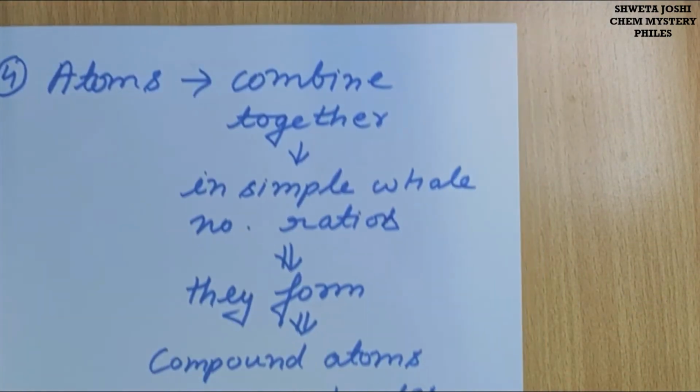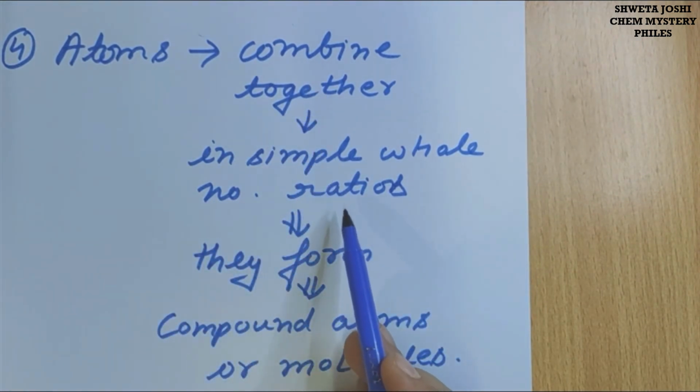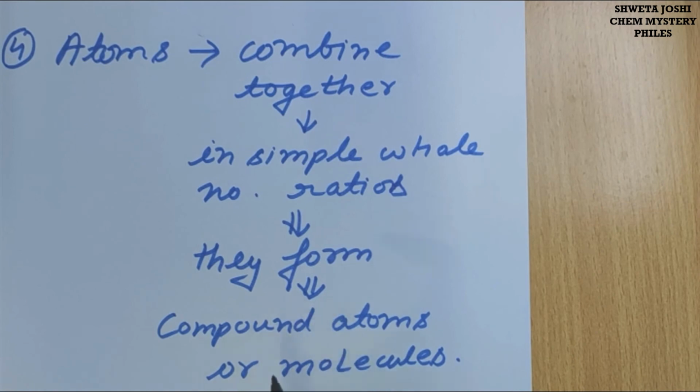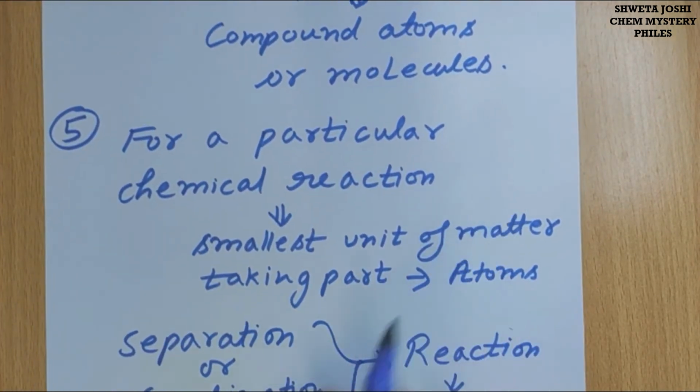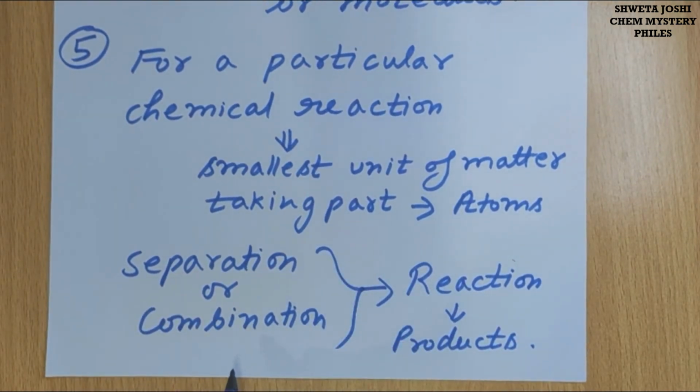Fourth, atoms combine together in simple whole number ratios and they form compound atoms or molecules. And the last one is, for a particular chemical reaction, the smallest units taking part in the reaction are atoms, and separation or combination of atoms results in a particular reaction and thus formation of products.